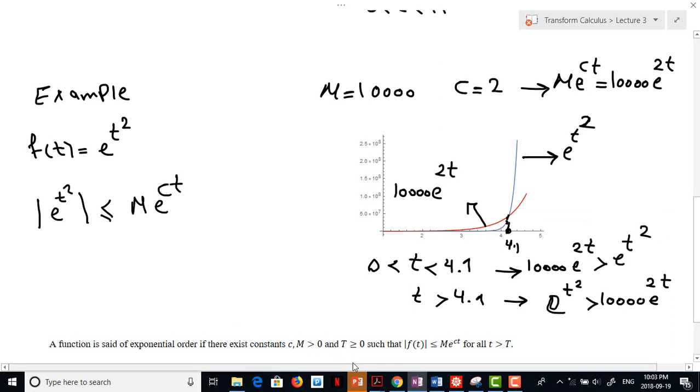As a result, we couldn't satisfy this inequality, because it should be valid for t greater than T capital. So we cannot find any T capital for which it is valid.